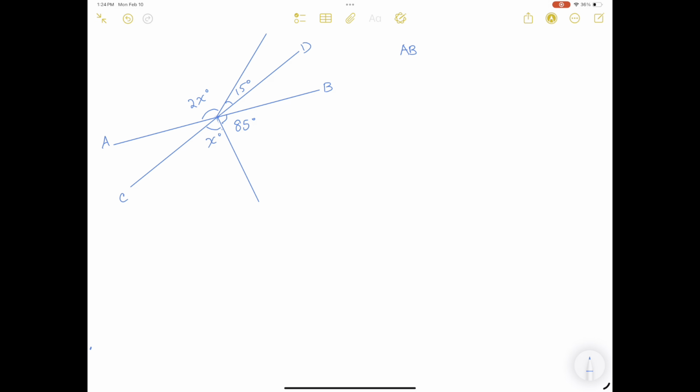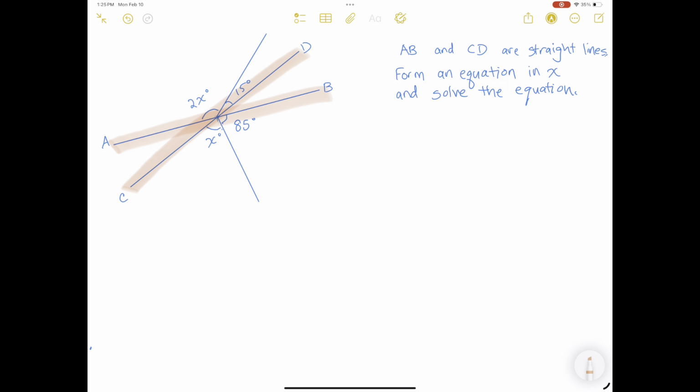In this figure, AB and CD are straight lines. Form an equation in X and solve the equation. First, I will highlight the lines AB and CD, showing that they are straight lines. Since AB and CD make a cross, there are vertically opposite angles I can see.